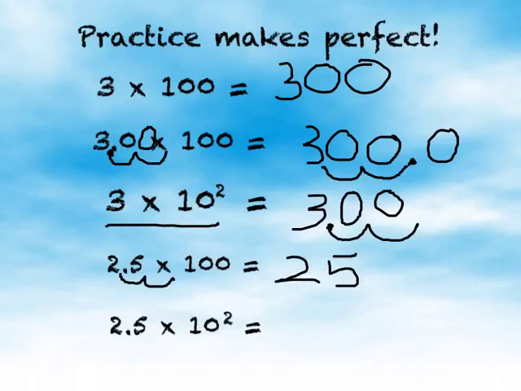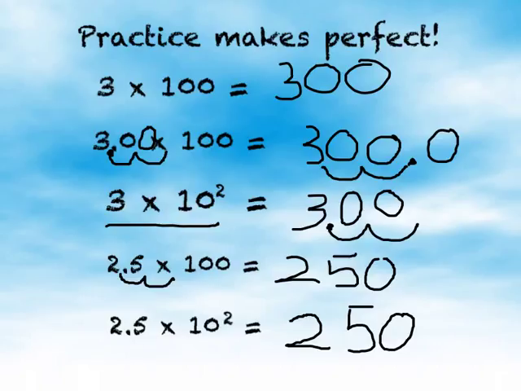So 2.5 times 100 is 250. 2.5 times 10 to the second power is the same thing. 10 to the second power is 100. So 2.5 times 10 to the second power is 250.